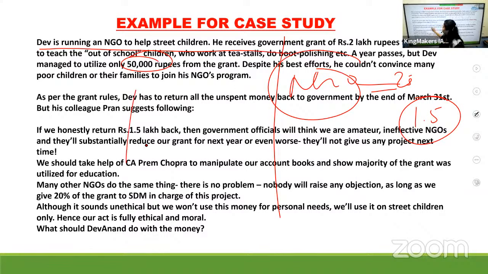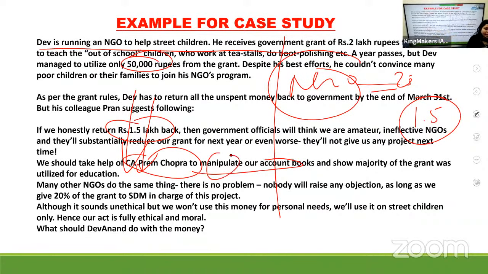One person, who may be a non-ethical person, says that if you return this 1.5 lakh, maybe next time the government will not issue funds to you. And secondly, we can take the help of a CA and manipulate this account, and show that this amount has already been invested.